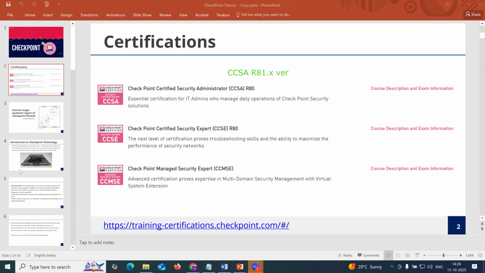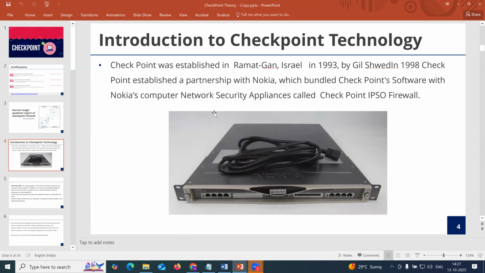Now let's talk about the history and market value of Checkpoint firewall. Before that, you need to know when Checkpoint firewall was introduced. In 1993, in Israel, there was Ramat Gan, some place in Israel.